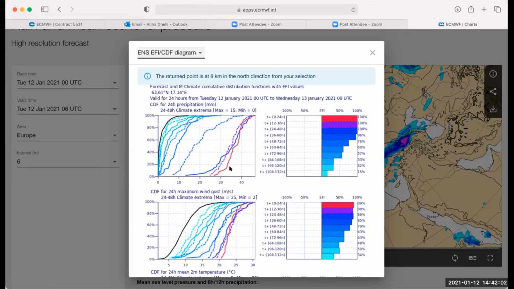Yes, very clear. Thank you very much. Could you give more explanation about the x-axis? The x-axis is the amount of precipitation, like 20 millimeters for 24 hours. Sorry, I mean the y-axis: this is the probability of not exceeding a specific threshold.